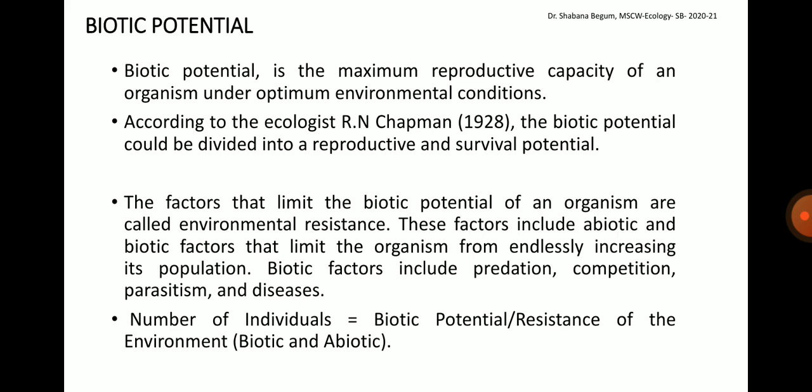So biotic potential can be defined as the inherent property or capacity of an organism to reproduce and increase in number. It's the maximum reproductive capacity of an organism under optimum environmental conditions. And according to the ecologist R.N. Chapman in the year 1928, the biotic potential could be divided into reproductive and survival potential.